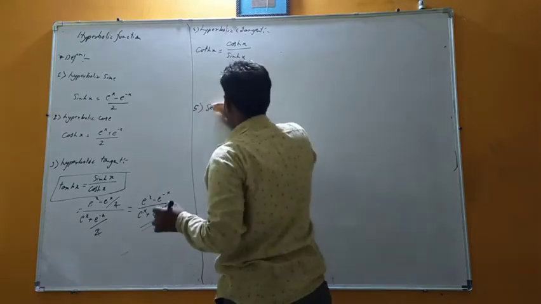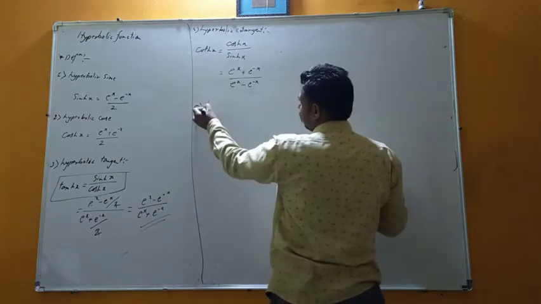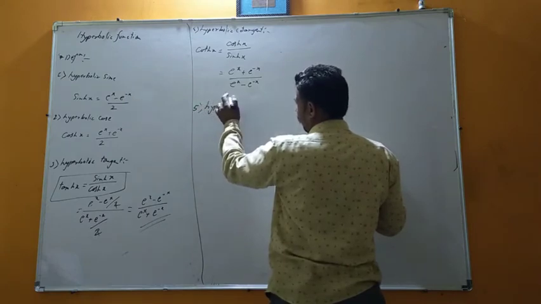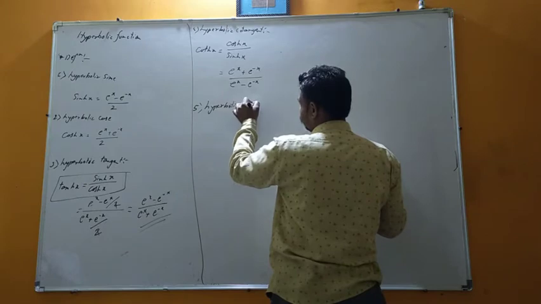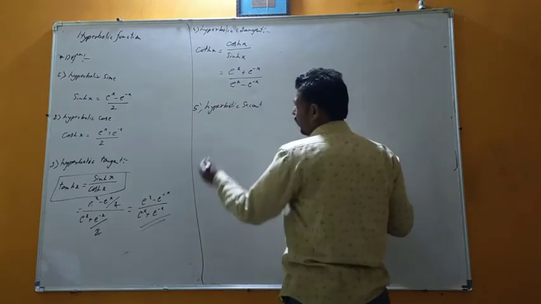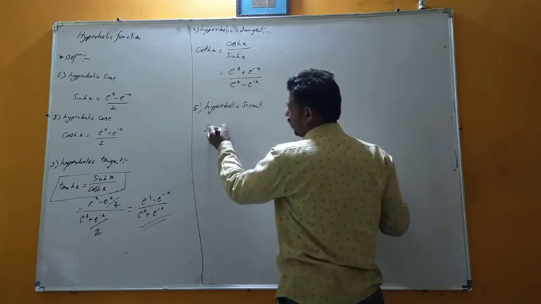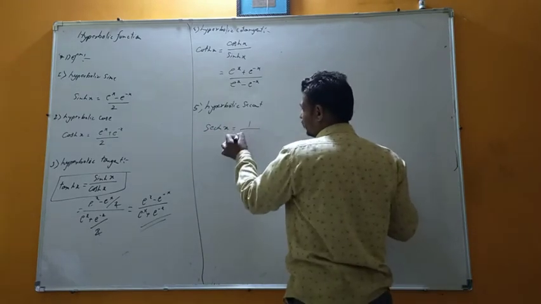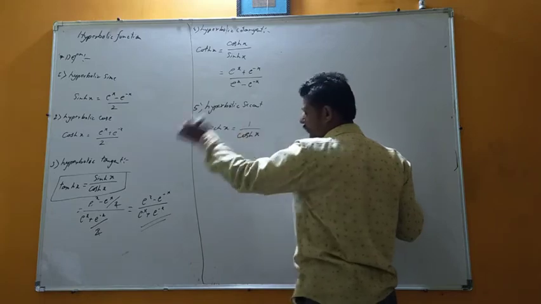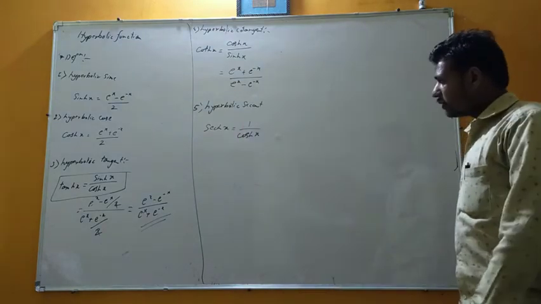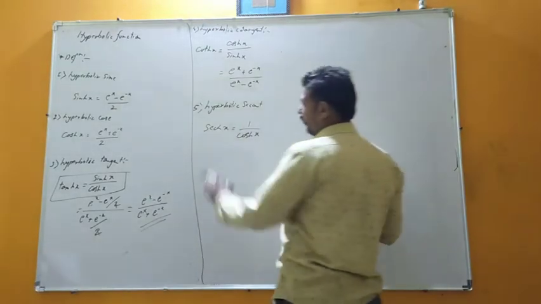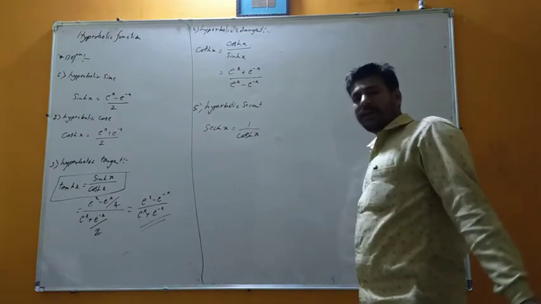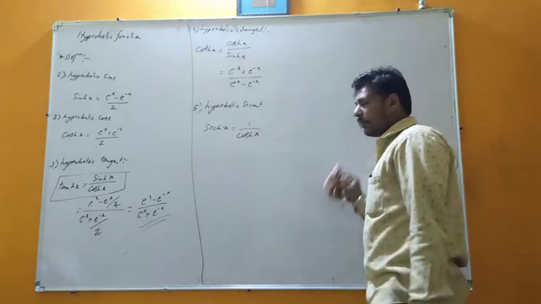After that we can define the hyperbolic secant. The hyperbolic sec of x is nothing but the inverse of hyperbolic cos of x, that is 1 upon hyperbolic cos of x.